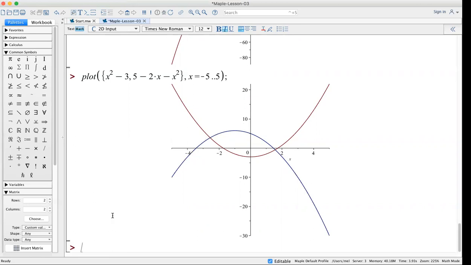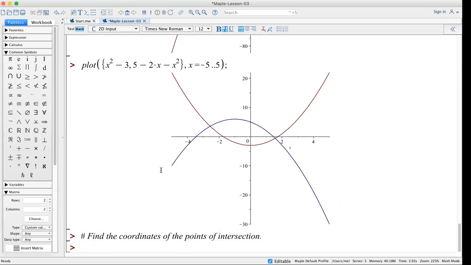And you might want to find the coordinates of the points of intersection. So the x coordinates of the points, that's when x squared minus 3 equals 5 minus 2x minus x squared.